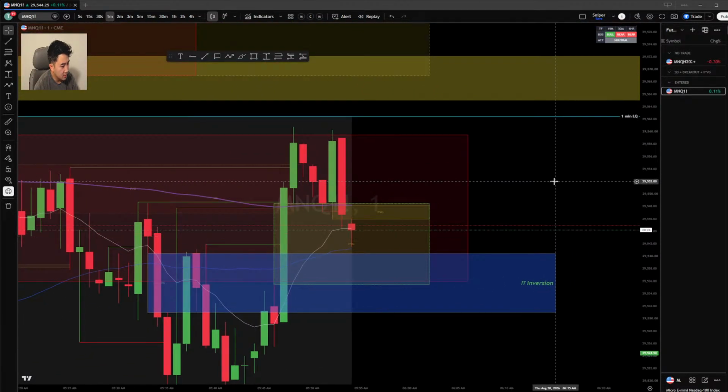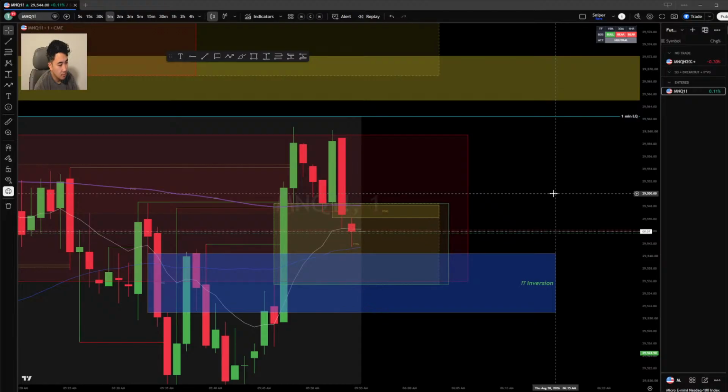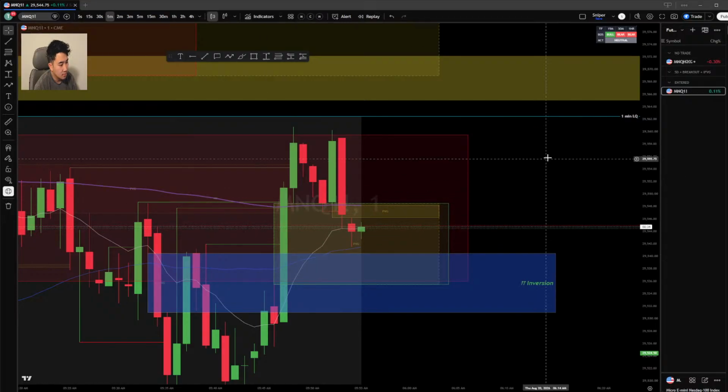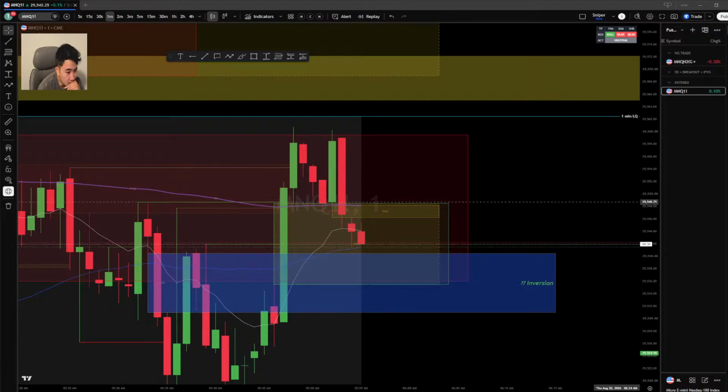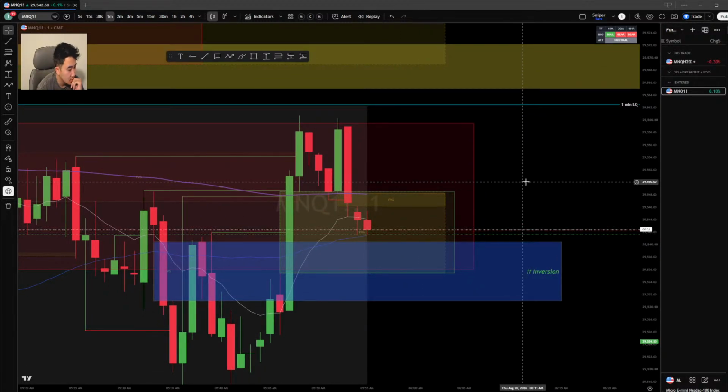Let's see if it attacks this inversion zone. Still hasn't tagged it yet.